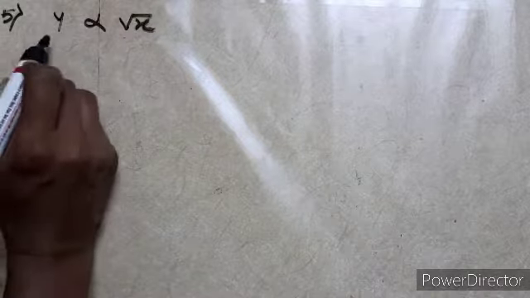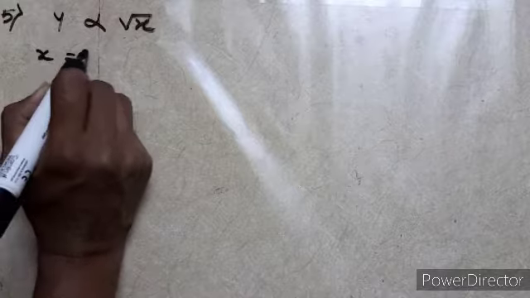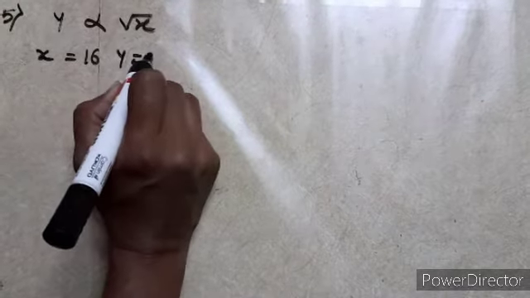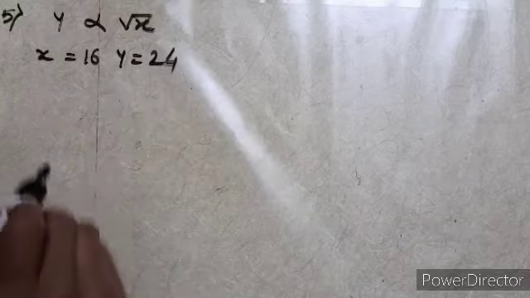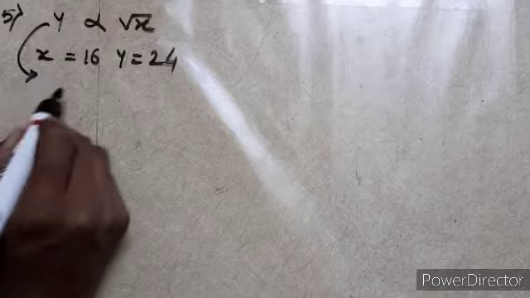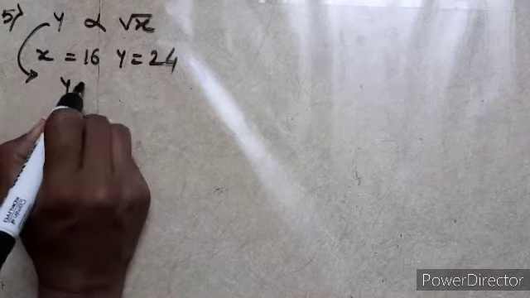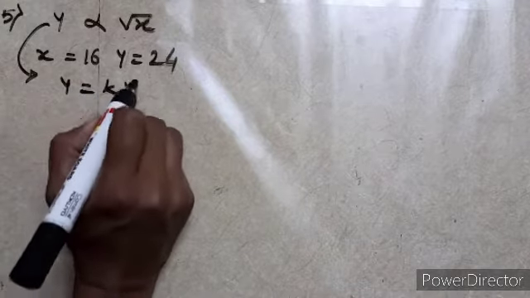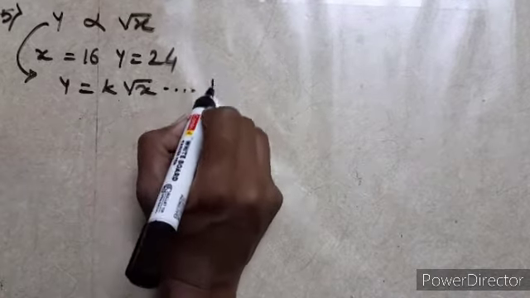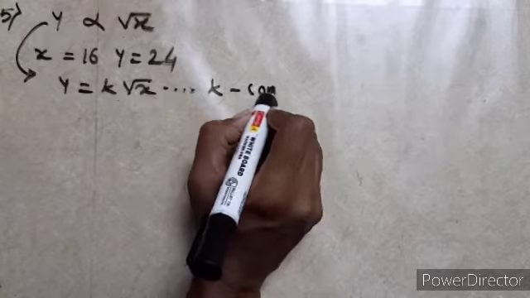What is given? When x is equal to 16, y is equal to 24. This is given. So from this equation, y is equal to k square root of x. Here k is the constant.